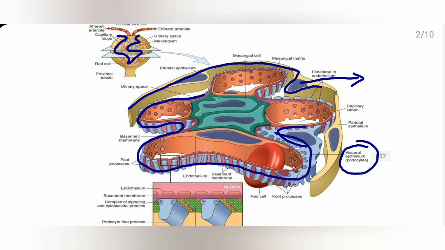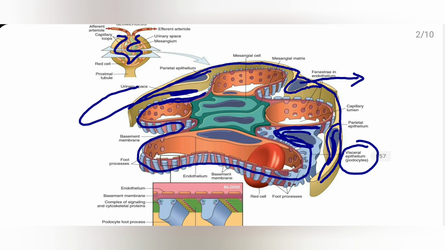So you have visceral epithelium here consisting of podocytes and foot processes, and the Bowman's capsule on the inside is lined by parietal epithelium. In between the visceral epithelium and parietal epithelium there is a space, known as the urinary space.